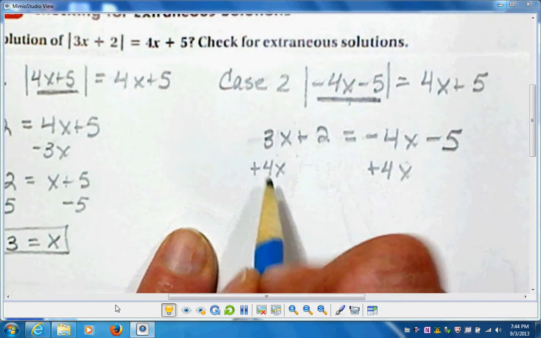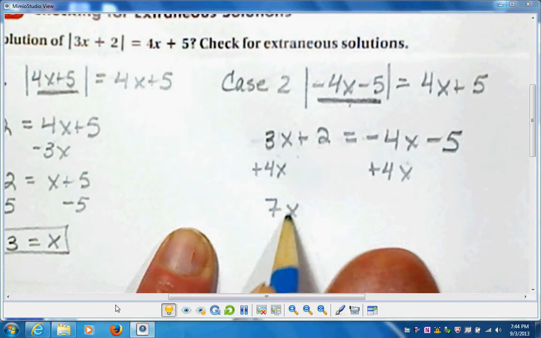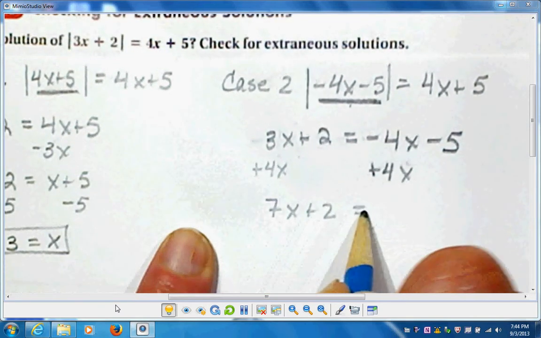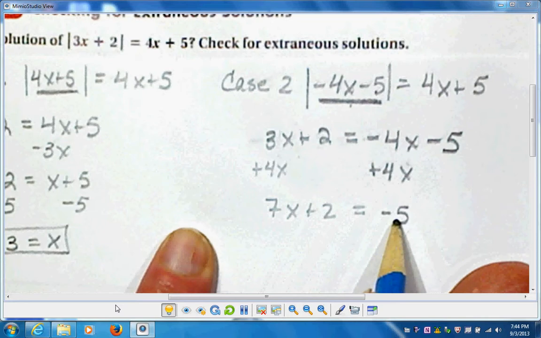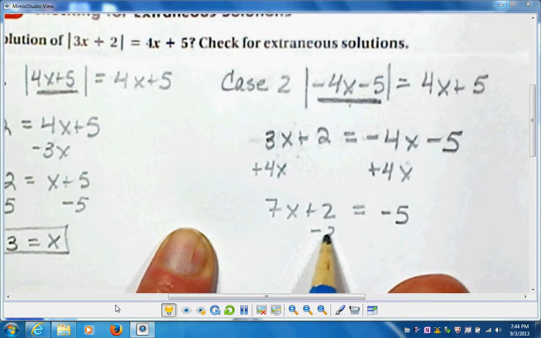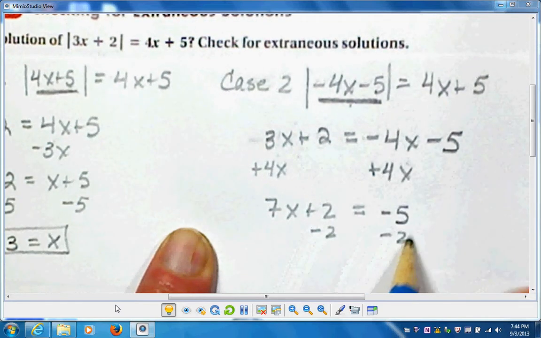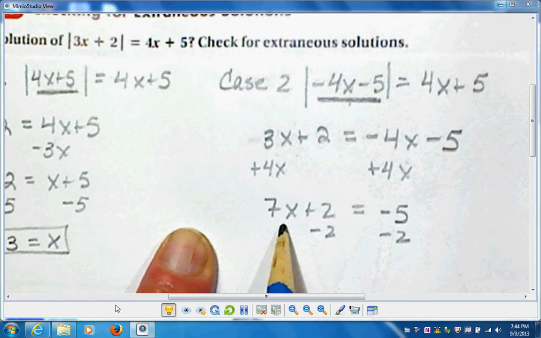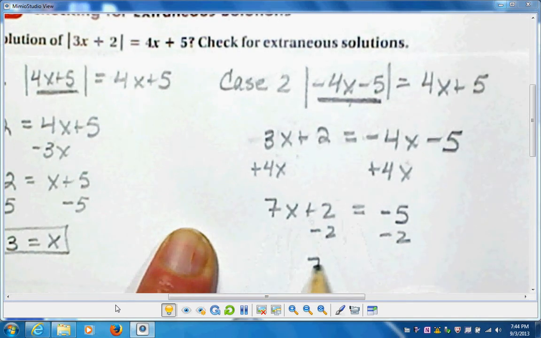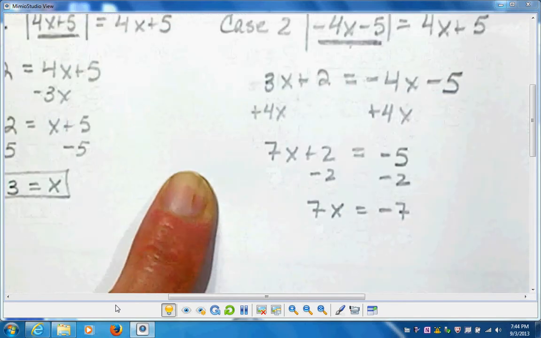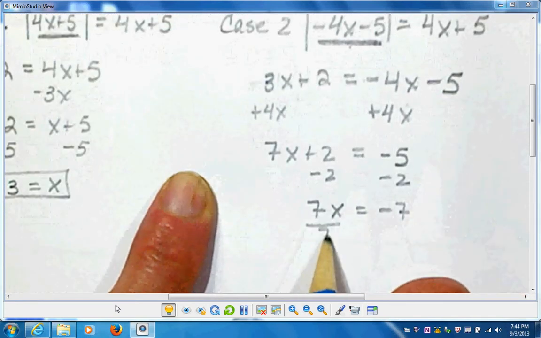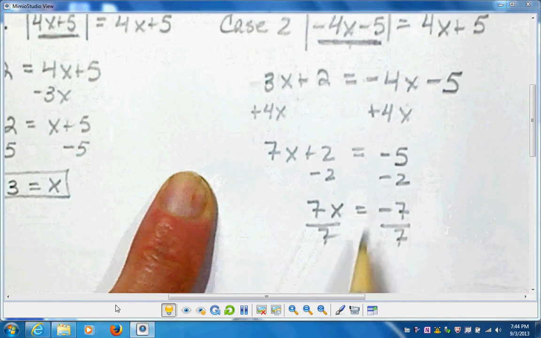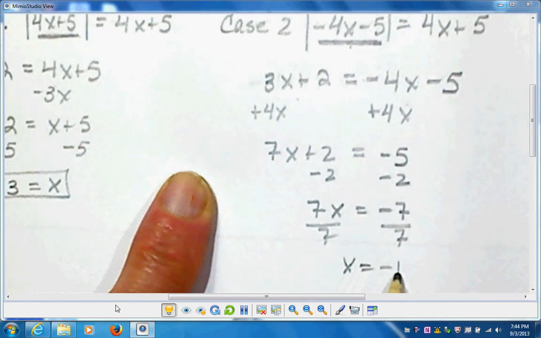It's less work. So this gives you 7x plus 2 is equal to negative 5. I'm going to subtract 2 from both sides because I want to get my x term by itself. So that gives me 7x is equal to negative 7. And if I divide by 7, that gives me x is equal to negative 1.